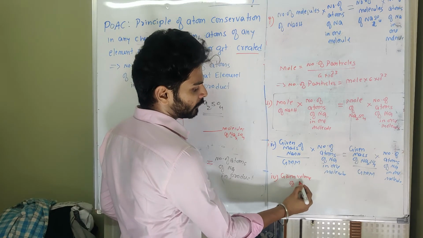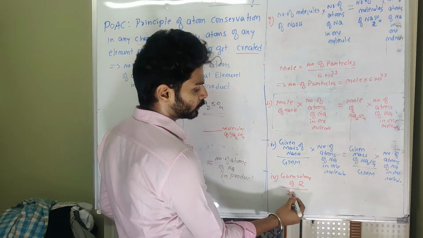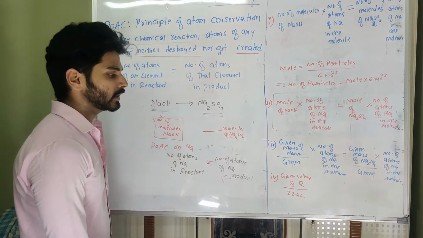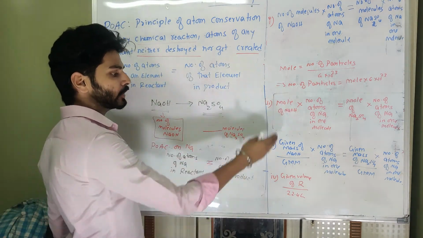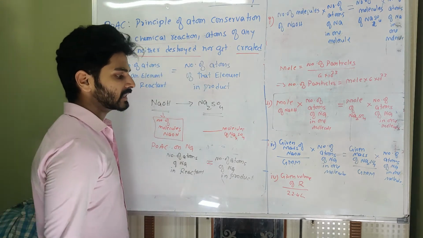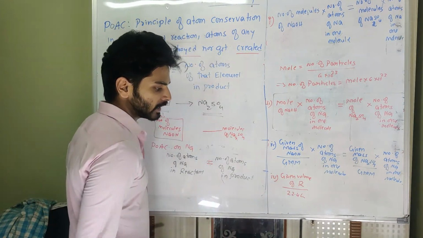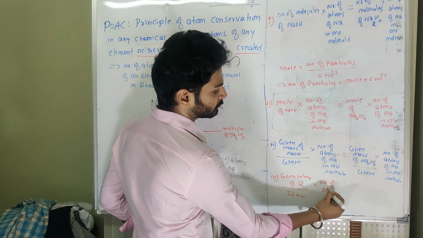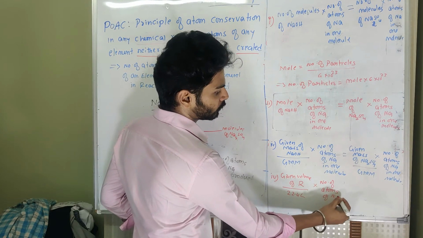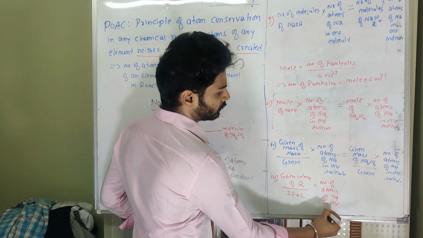As a formula, I'm just replacing mole of reactant: given volume of reactant divided by 22.4 liter into number of atoms of sodium in one molecule.